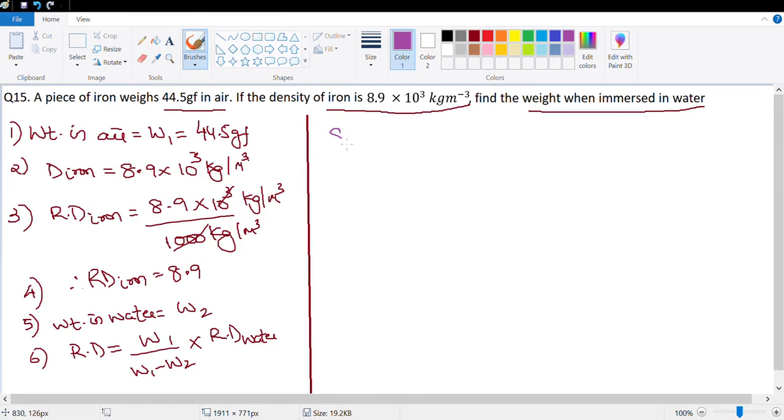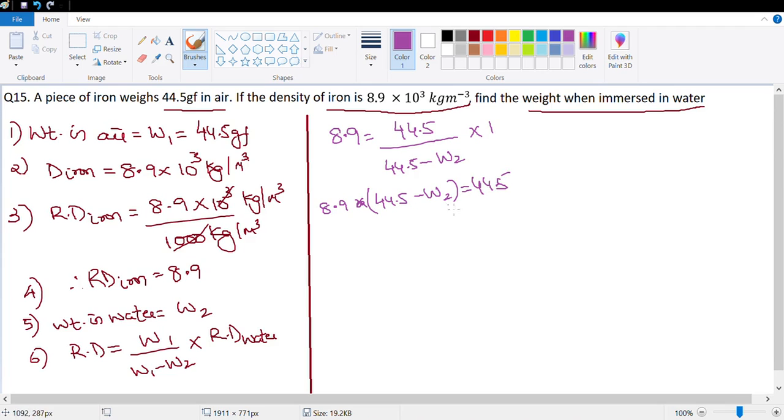This is 8.9 is equal to W1, which is 44.5 upon 44.5 minus W2 multiplied with 1. Let's cross multiply. So 8.9 into 44.5 minus W2 is equal to 44.5.